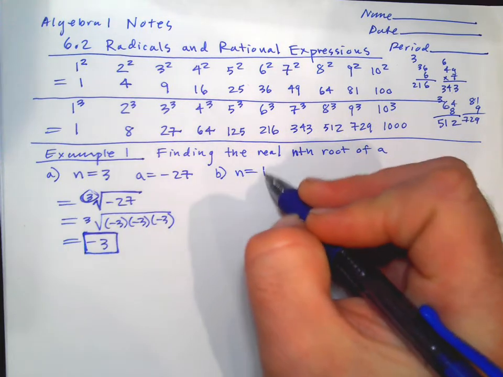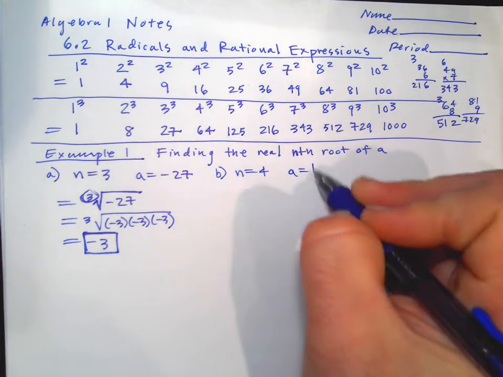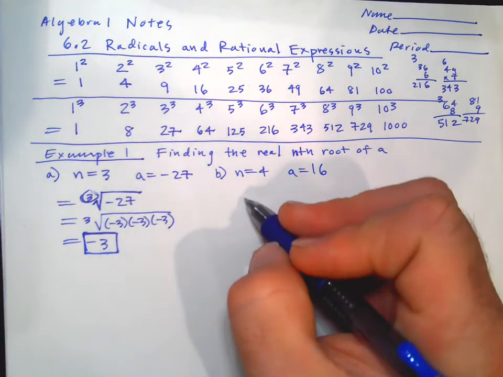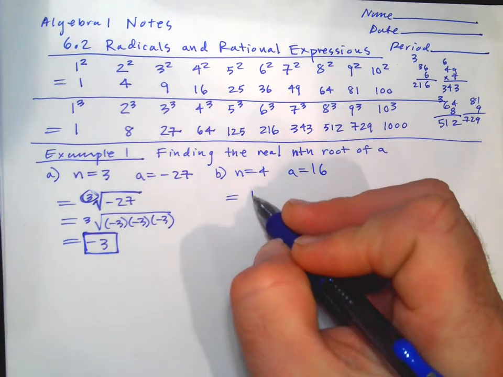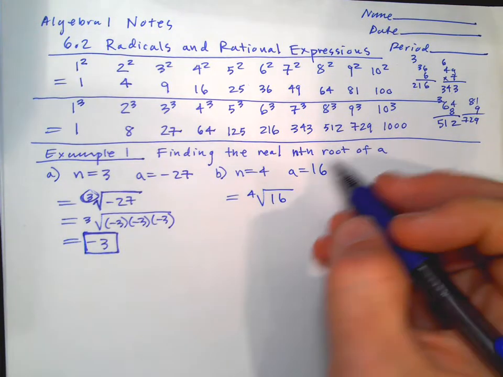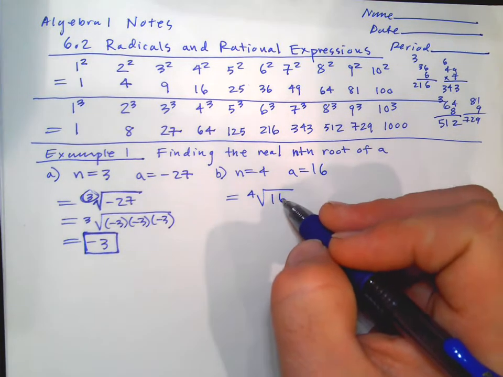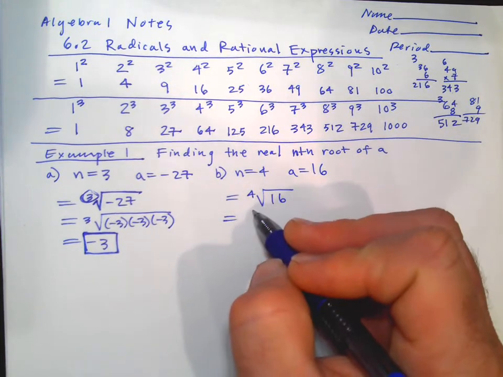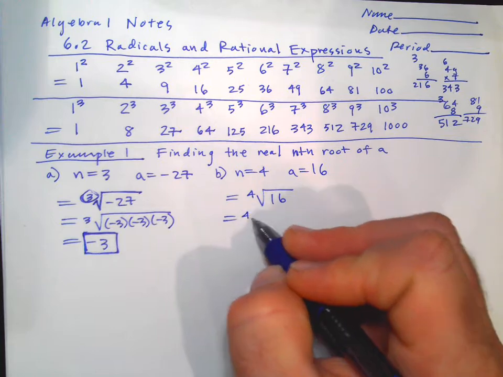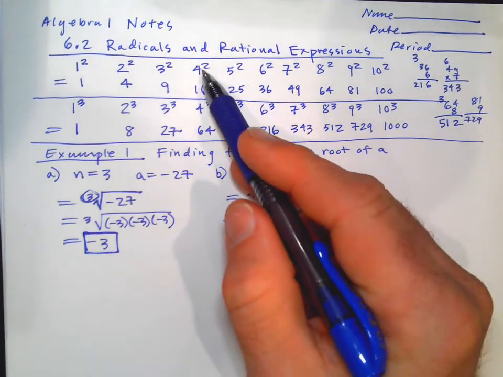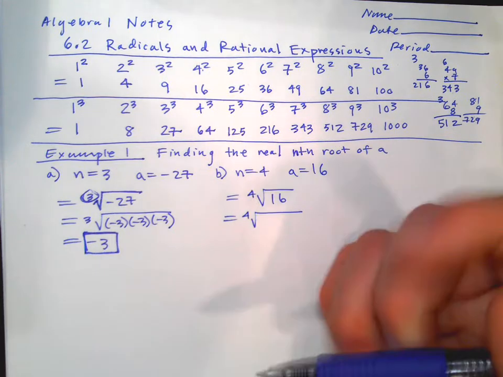N equals 4, A equals 16. So the first thing we're going to do is rewrite it in this form with radical. So this is the fourth root of 16. So we're asking, what I raise to the fourth power, what I multiply 4 of, and get 16. So you could go up here and say, well, there's 16, that's 4 times 4, but we need 4 things multiplying each other.